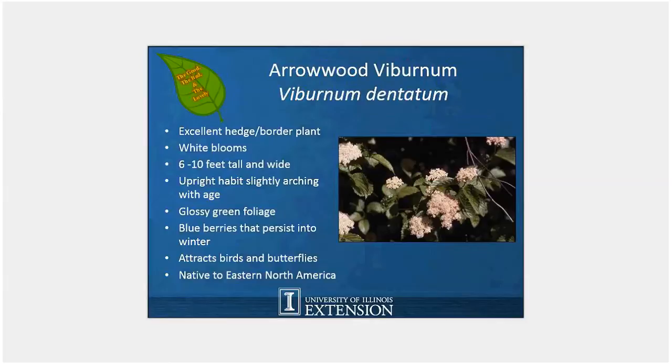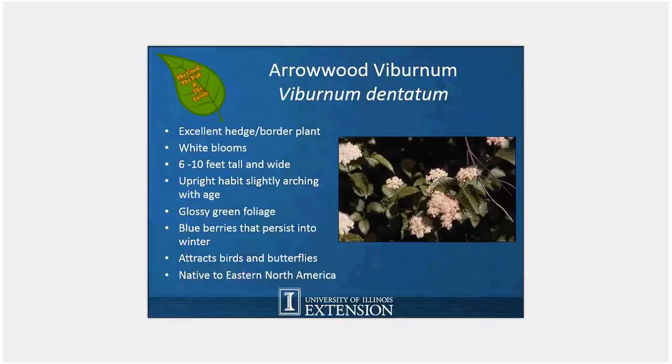Arrowwood Viburnum is, again, native to Eastern North America. As Martha mentioned, we can't give you all the options, but two other viburnums of note are Blackhaw and Nannyberry. They're native to Illinois species. As you can see on the slide here, this one gets about 6 to 10 feet tall.